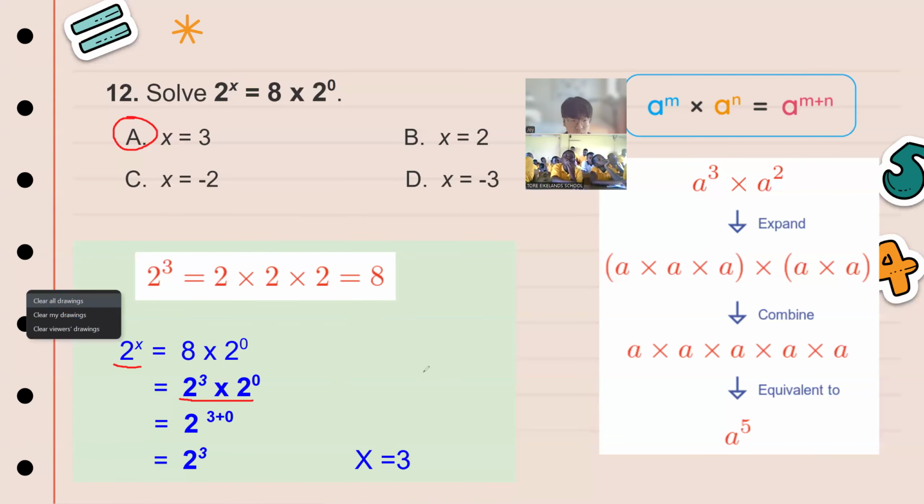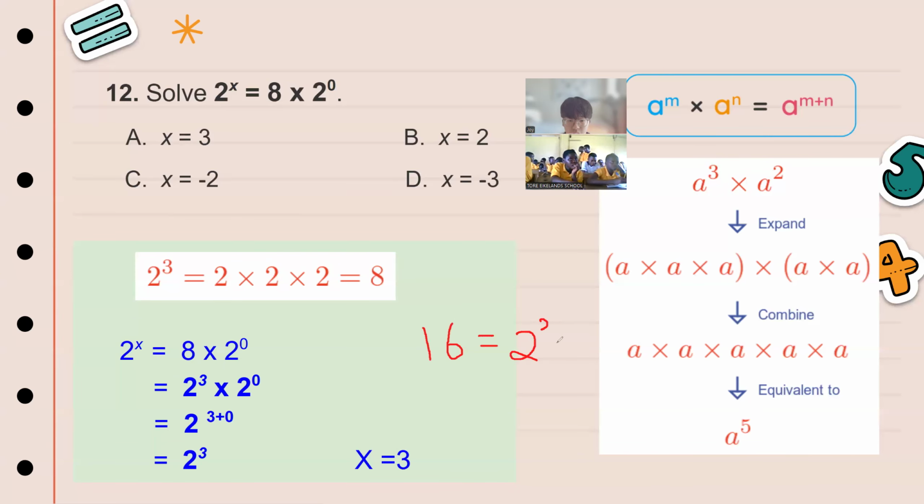So, for example, if we had the number 16 equals 2 to the x, what do you think this x would be in this case? Oh, yeah, nice. Great job. It would be 4 because 16 is 2 times 2 times 2 times 2, which is 2 to the power of 4. Yeah, that's how multiplication, expansion, and combination works.